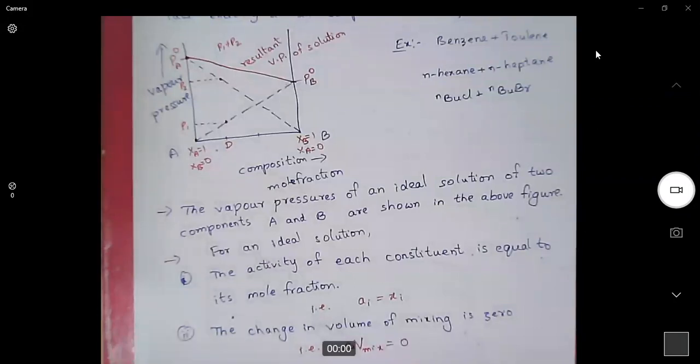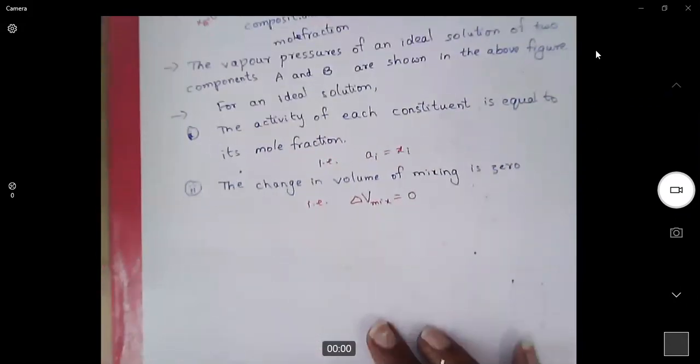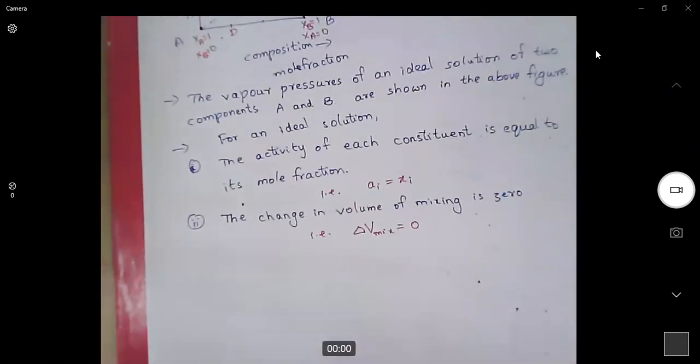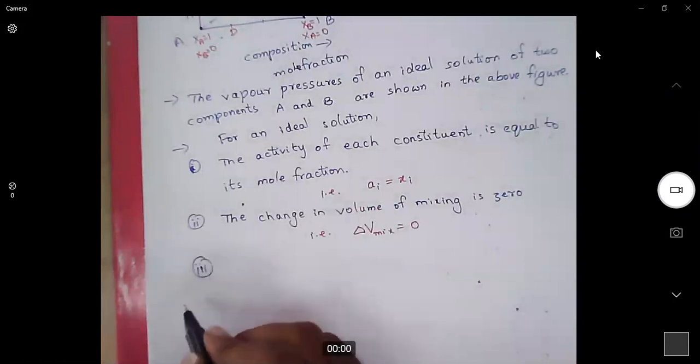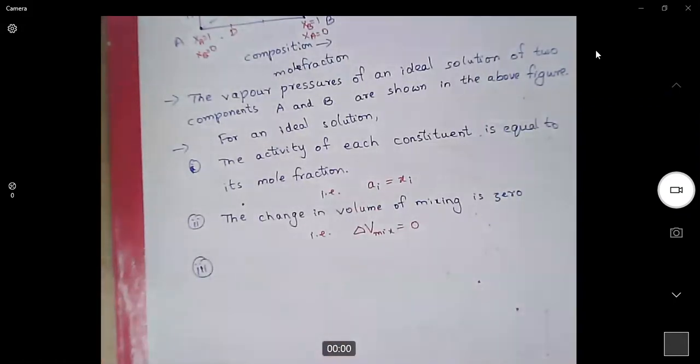So the change in volume of mixing is 0. That means when we mix two solvents which form an ideal solution, the total volume must be equal to the sum of the volumes of its individual constituents.